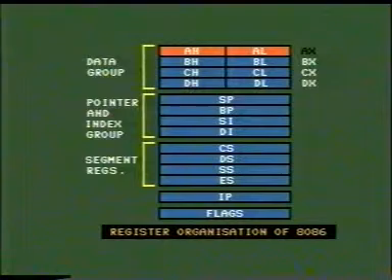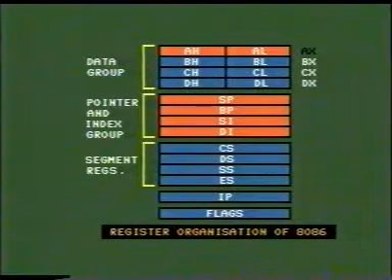The four registers SP, BP, SI and DI belong to the pointer and index group. These are primarily used as memory pointers and index registers, although they can also participate in most of the arithmetic and logical operations.